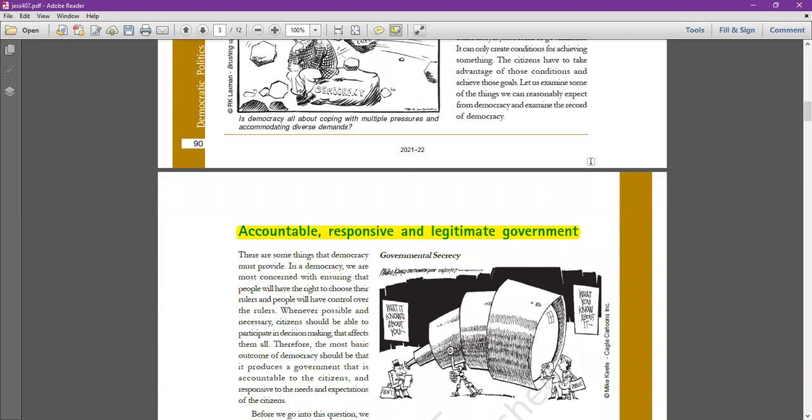If someone is given a responsibility, that person must fulfill that responsibility in a responsible manner. Means that if that person does something wrong, that person can even be punished.